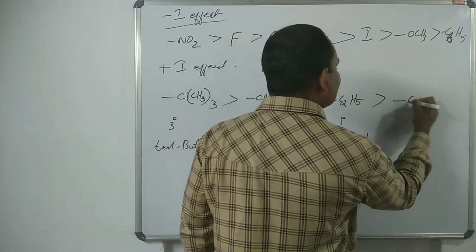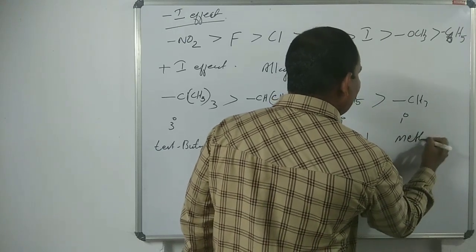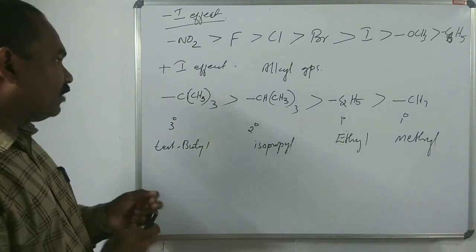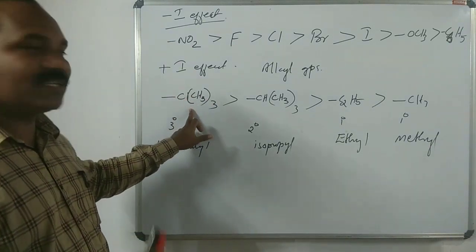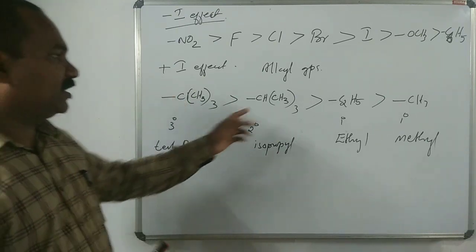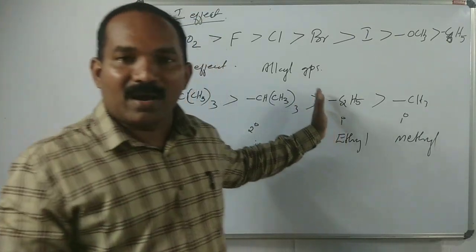Then CH3, again a primary methyl group. So the carbon chain which contains a tertiary carbon has more plus I effect than the secondary, which has more plus I effect than the primary.